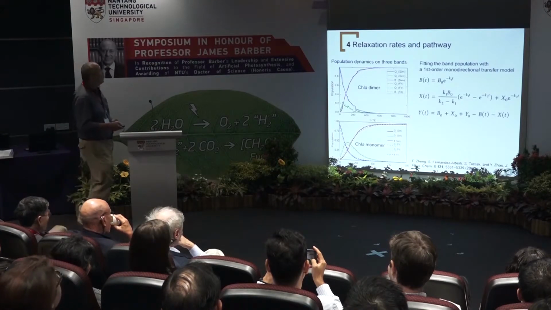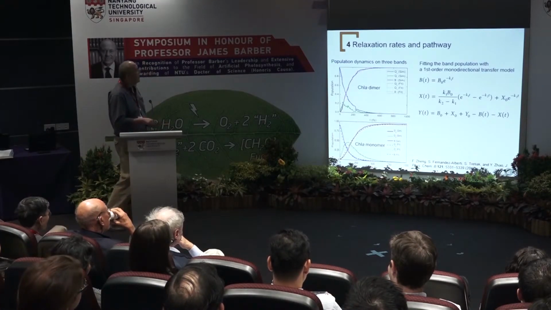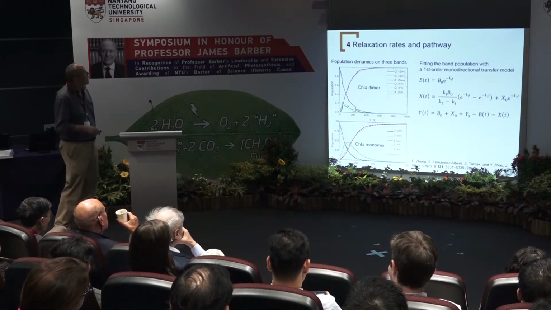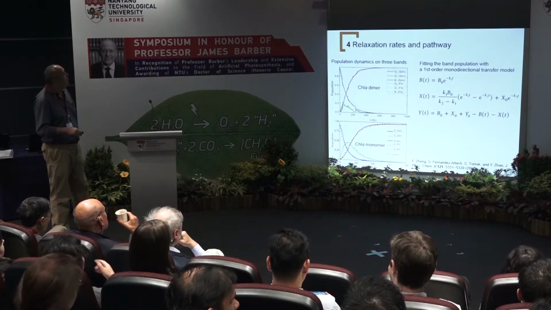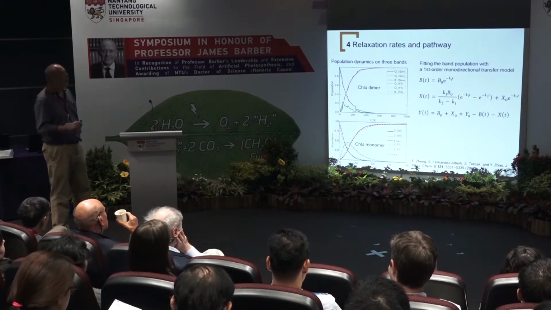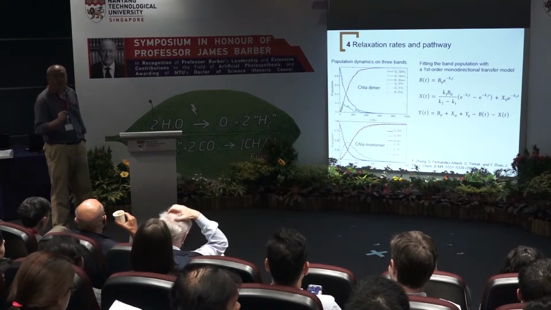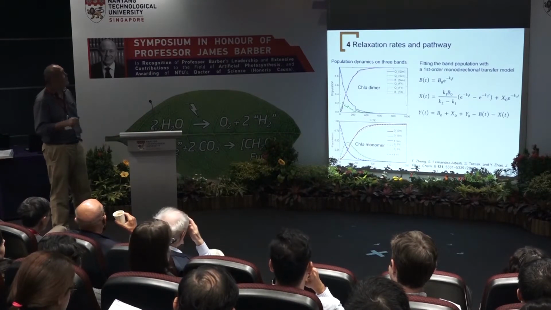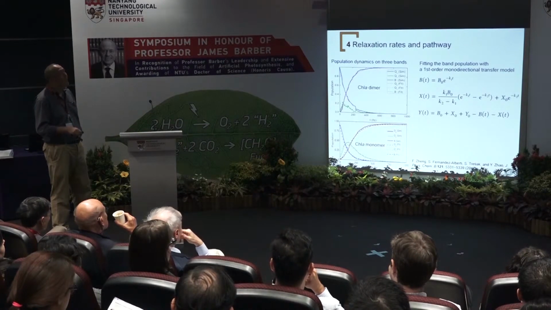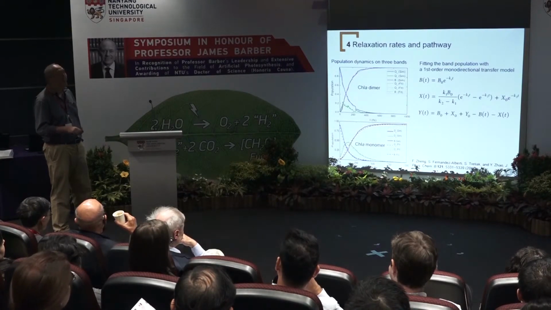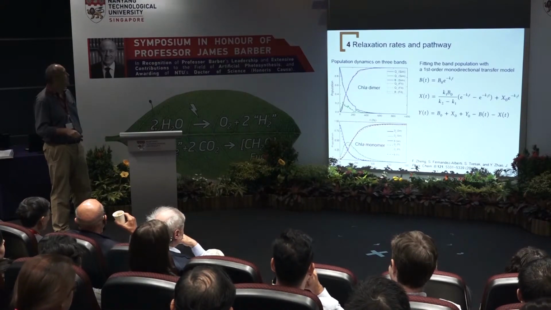We compare the dimer relaxation with the monomer relaxation. We found that the relaxation from the B band to the QX band is slightly slower in the dimer compared to the monomer. However, the relaxation from the QX band to the QY band is much faster in the dimer, and therefore the entire process going from the B band all the way to the QY band happens much faster in the dimer compared to the monomer.